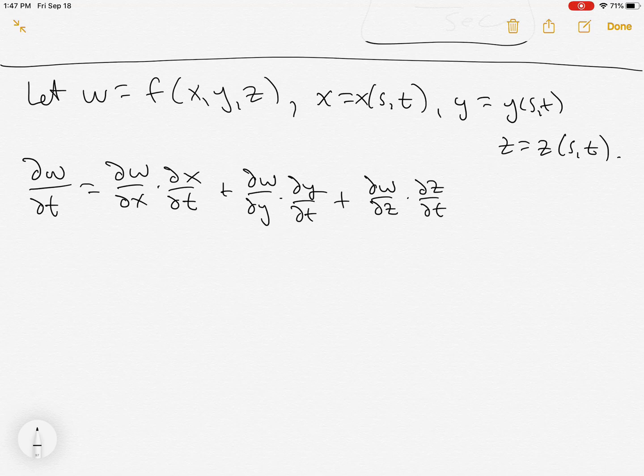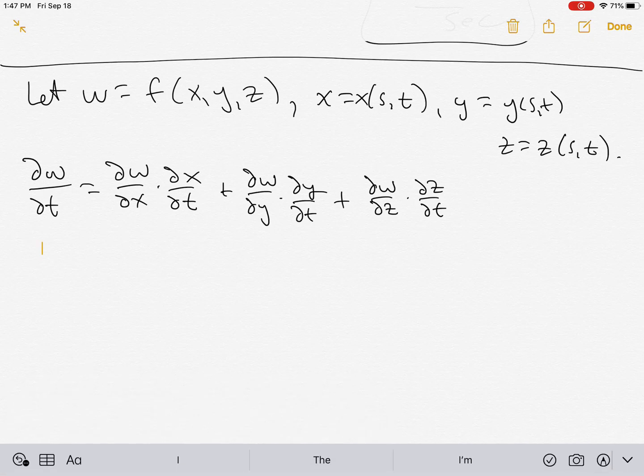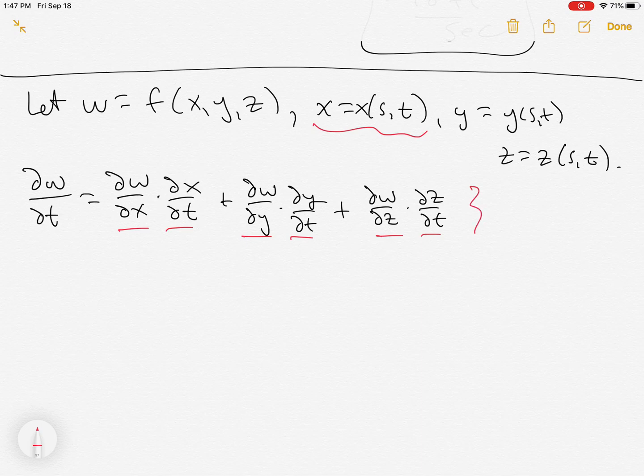The important thing to note here is that x is a function of 2 parameters, so you can't just take x prime. Before you could, because x was just a function of 1 variable, and you took x prime of t. Now you can only take partials, so all of these are partials.